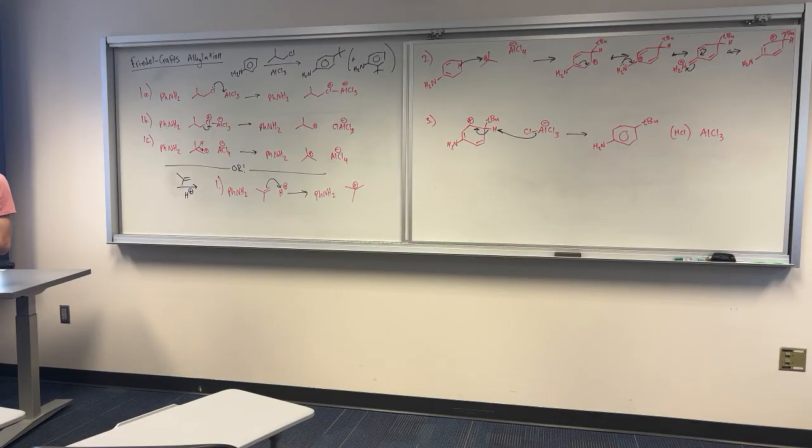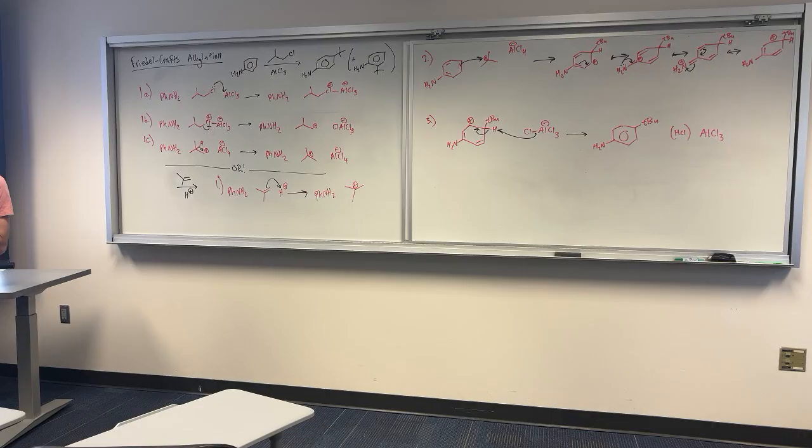We have one more mechanism in EAS. We're not going to cover nitration or sulfonation. Because they're too hard? No. But just because I want you to focus on these reactions to master these mechanisms. Then we're going to look at the NAS mechanism, which is easier than EAS, in my opinion.